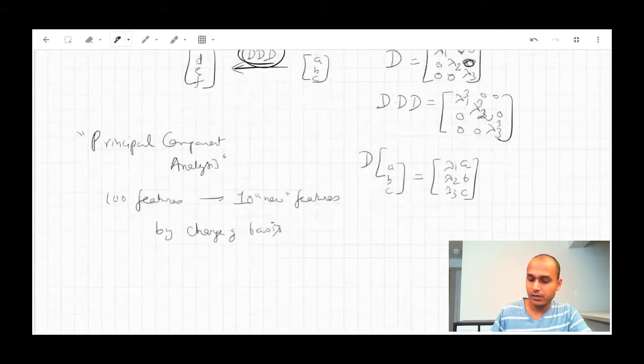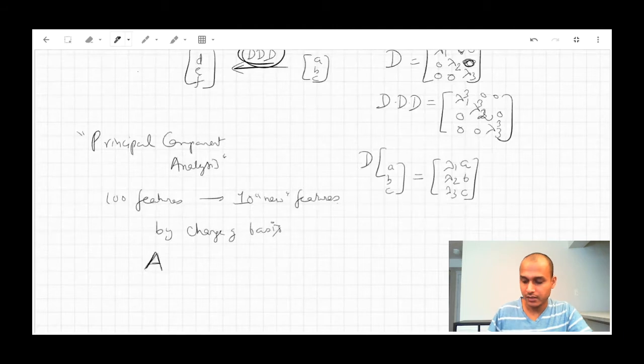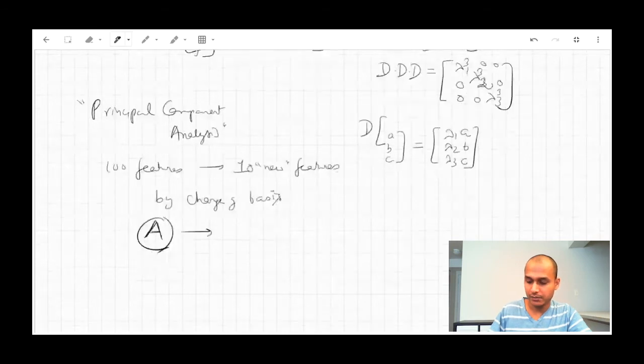So you want to go from 100 features to 10 new features. The way you do it is you think of a linear transformation, which turns out to be the covariance matrix, but that's not very important. You figure out the eigenvectors, maybe v1 to v10.